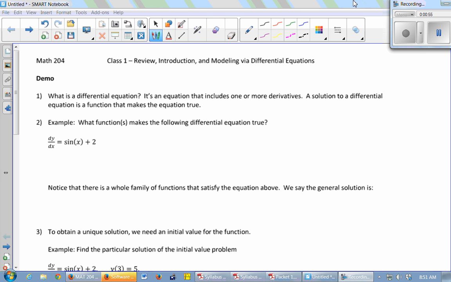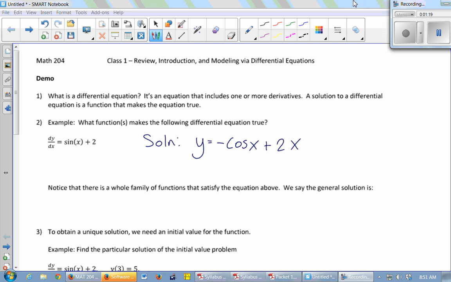Negative cosine of x plus 2x. So my solution is a function, y equals negative cosine x plus 2x, because if I were to take the derivative of this, dy/dx would be sine x plus 2. Does that make sense? Okay.